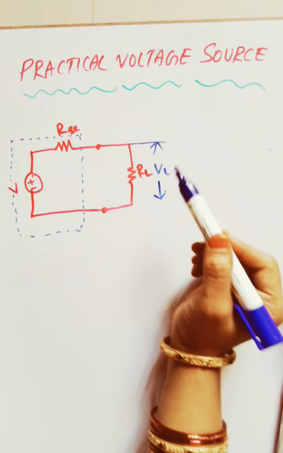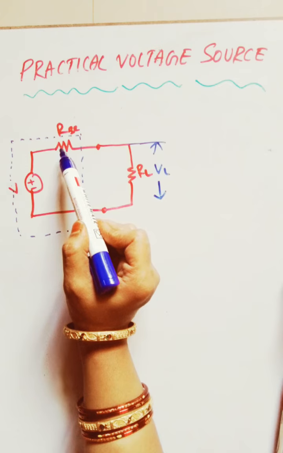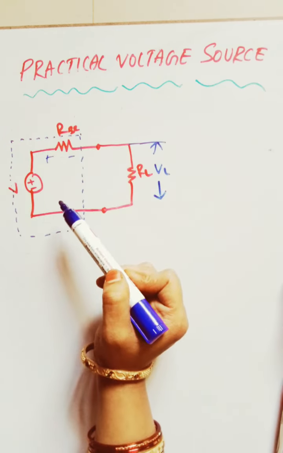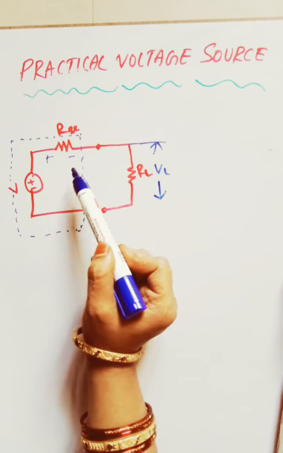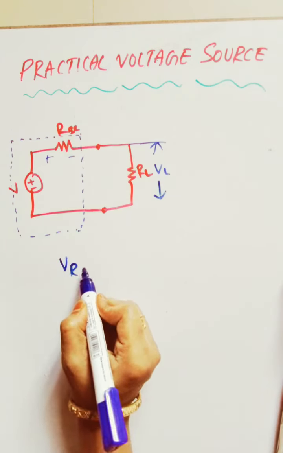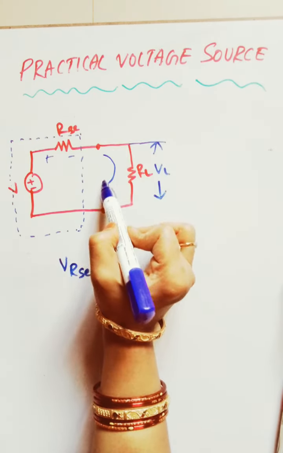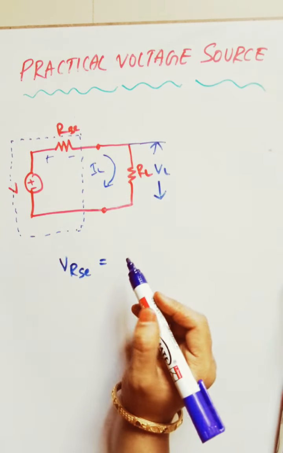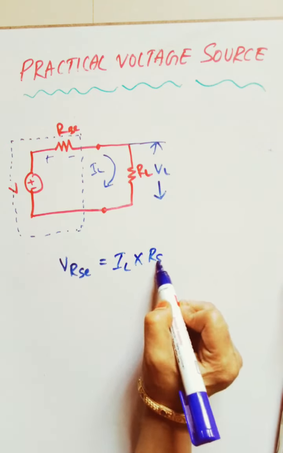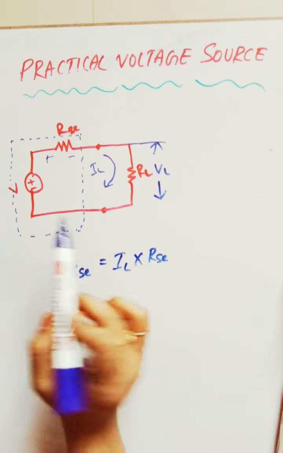Now because of this resistance which is in series with the load, there is some drop across this RSE, and this drop gives rise to a voltage across this resistor, which is nothing but VRSE equal to the load current IL into RSE.